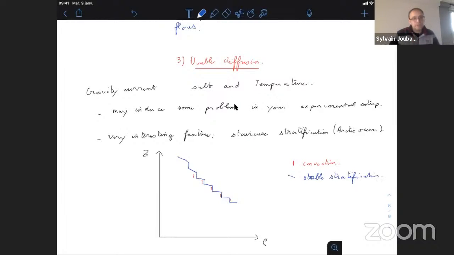And it may happen because the temperature has diffused at another time than salt, and since the density depends on both the temperature and the salinity, if the temperature changes, you can change the density, and the system that was stable at t equals 0 may become unstable after some time. It's what happens in such a system. And we had this kind of feature once or twice in our lab because of some temperature issue.